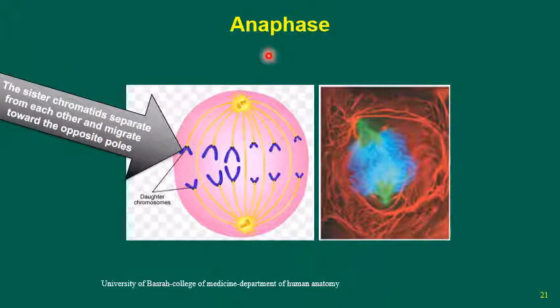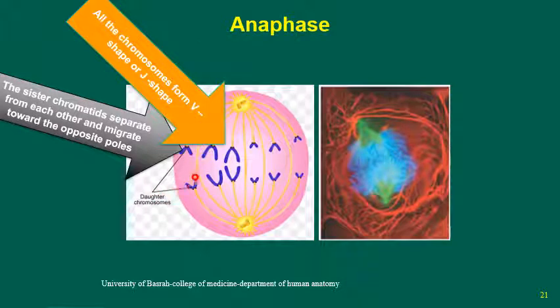First, the sister chromatids separate from each other and migrate towards the opposite poles of the cell, following the direction of spindle microtubules. Second, all the chromosomes form a V-shape. The separation of the chromatids and their movement to the opposite poles signal the beginning of the anaphase.